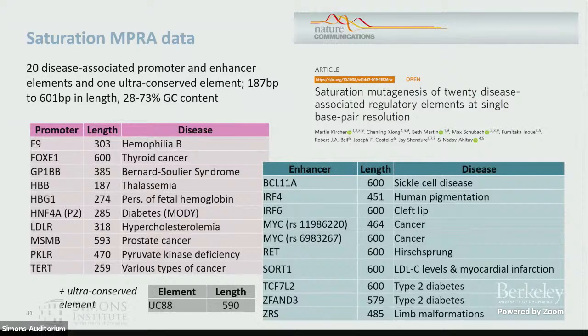And so a few years ago, we've done saturation mutagenesis, so not the in silico saturation mutagenesis that we just heard for these computational models, but actually creating all potential variants along these sequences and reading them out.